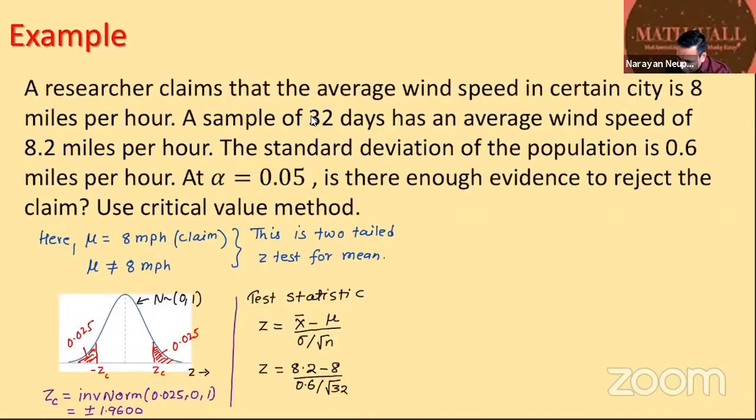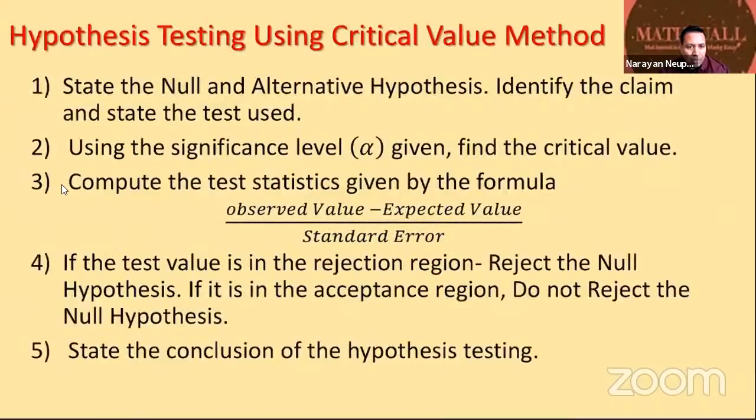If we simplify this, we get Z equal to 8.2 minus 8, that is 0.2, divided by 0.6 over the square root of 32. It is 1.8856. So the test statistic is 1.8856. That's our third step.